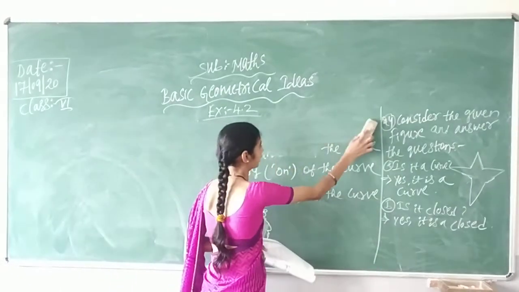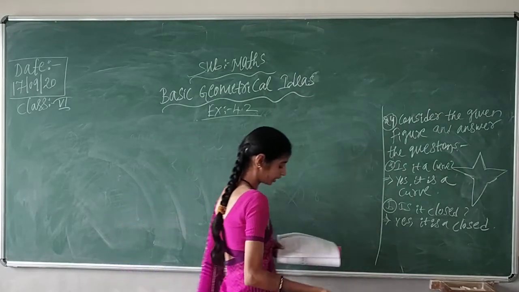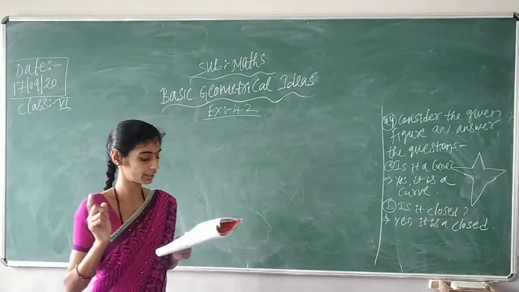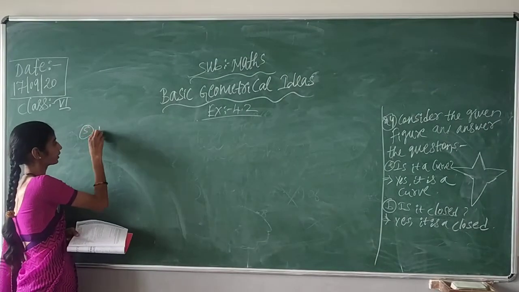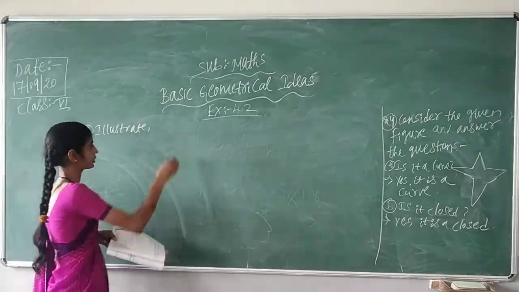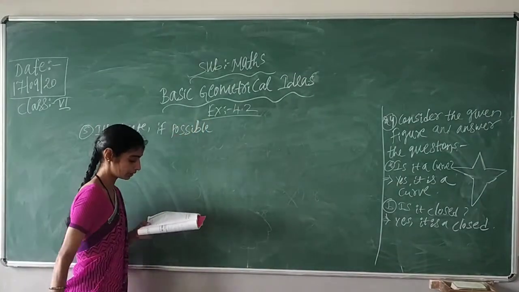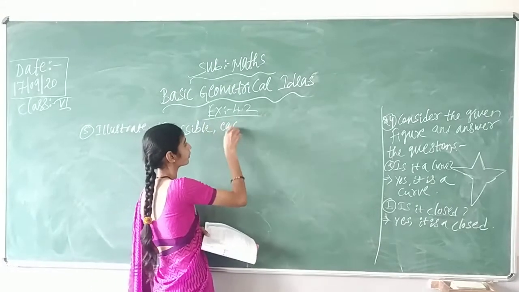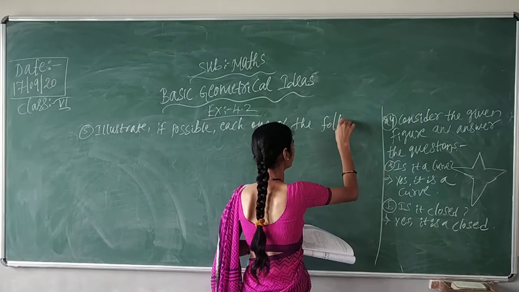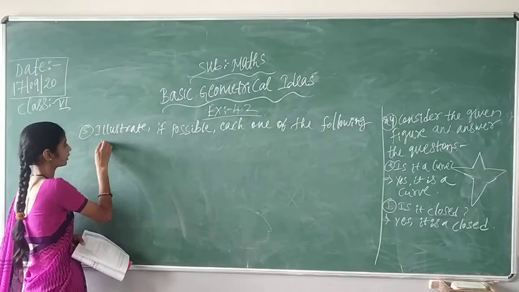Question number 5: Illustrate, if possible, each one of the following with a rough diagram.